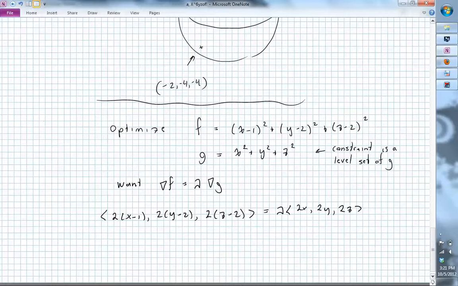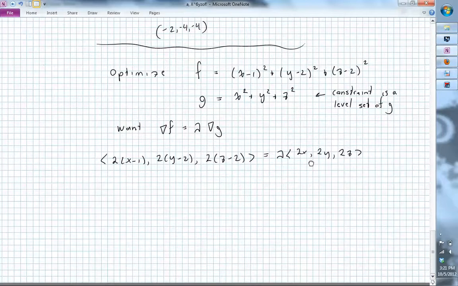Instead of 2 equations like we had in the last example, we've got 3 equations from this particular step. And the 2's are going to go away. Does everybody see how the 2's can go away? So we get x minus 1 equals lambda x. y minus 2 equals lambda y. z minus 2 equals lambda z.